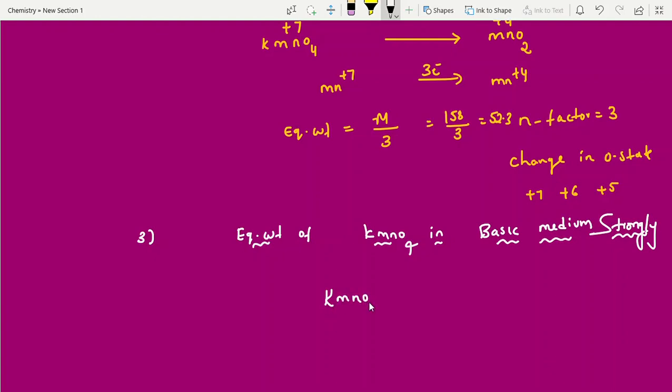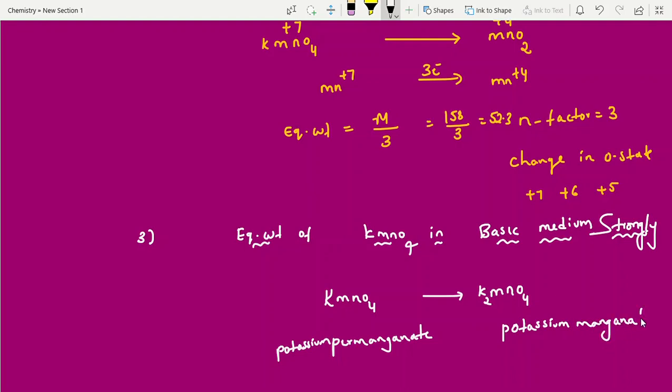So KMnO4 is converting into K2MnO4. This is potassium permanganate, and this is potassium manganate. Here the oxidation state goes from +7 to +6.